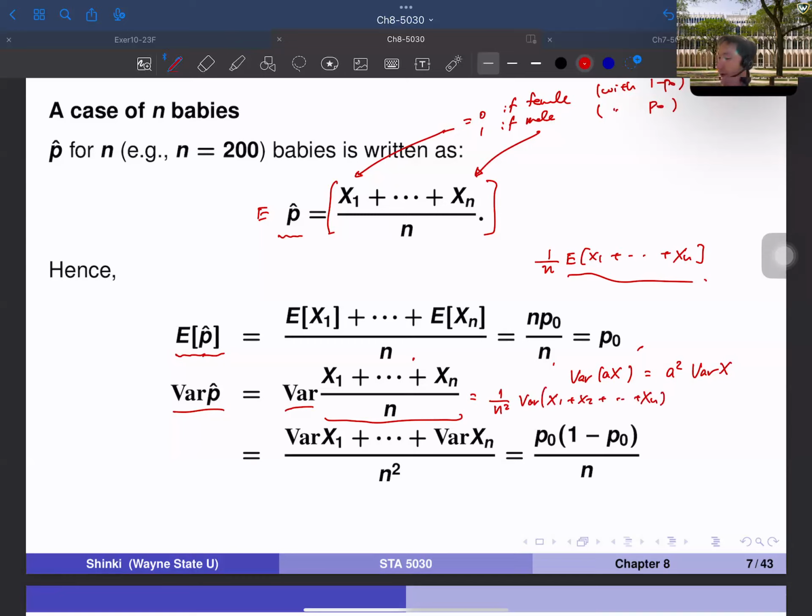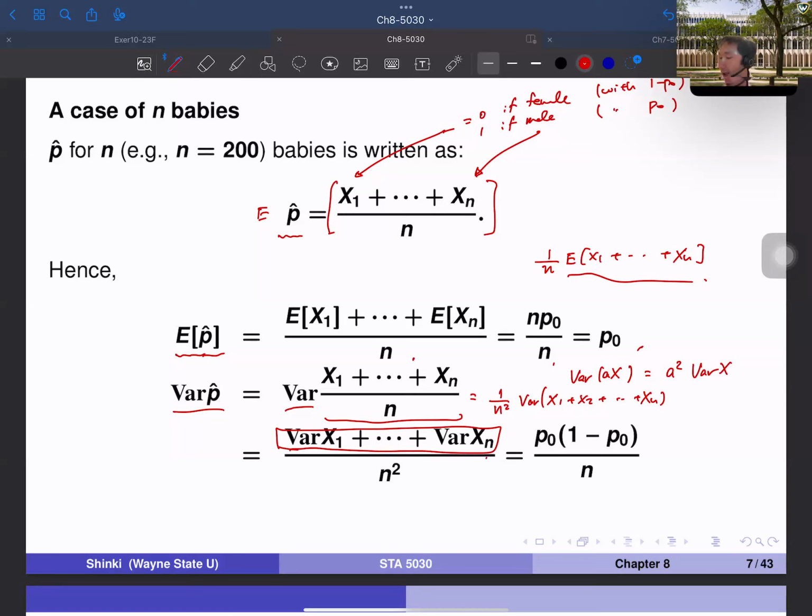But if x1 to xn are independent, that is basically our assumption. The newborn baby is male with probability p0, but the observations are all independent. So the gender of the first baby does not affect the gender of the second baby. That is our assumption. And if x1 to xn are independent, the variance also decomposes. The proof needs a little more algebra, but that is a fact.